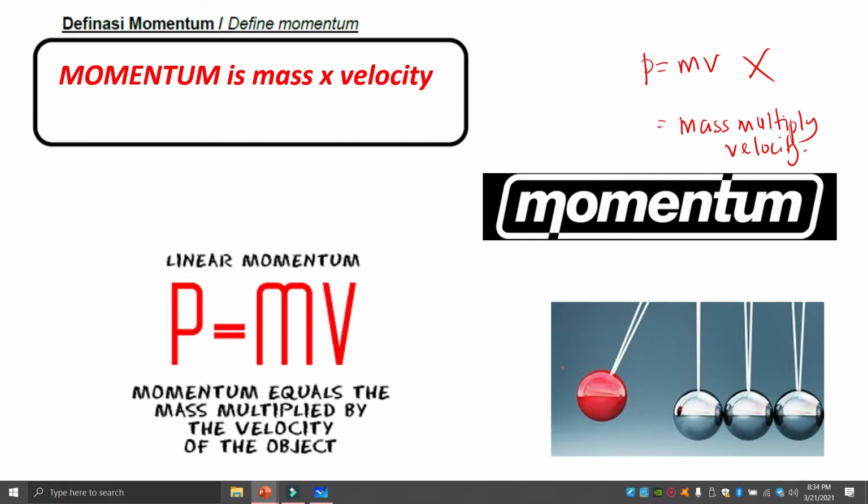Momentum is equal to the mass multiplied by the velocity of the object. This is a vector quantity, meaning it has a direction and also a magnitude. So if you want to calculate the momentum, since it is mass multiplied by velocity, you must consider the direction of the velocity. Whether it moves forward or backward, you have to put the positive and negative sign.